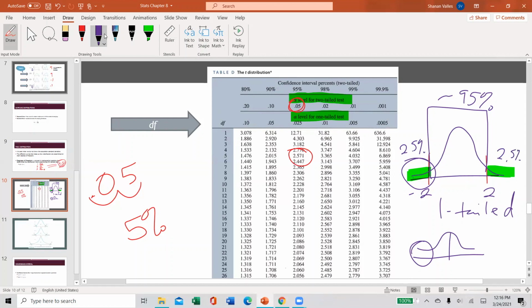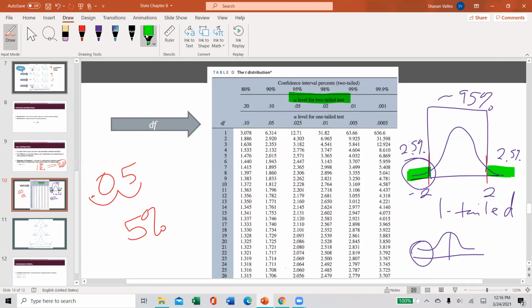Because remember, whatever is equal on one side is equal on the other. So when we do that, now we have those extreme 5% that's left in the tails. And this is what they mean up here with the two-tailed test, okay?